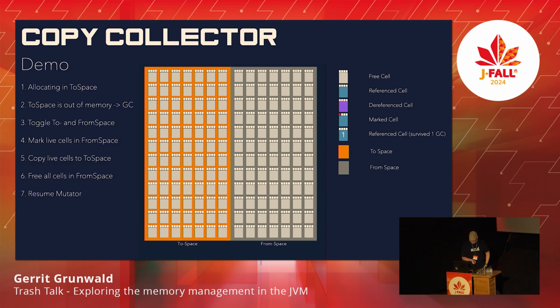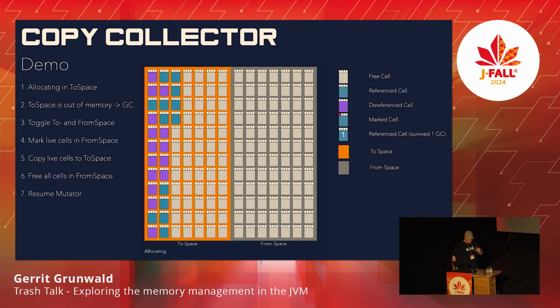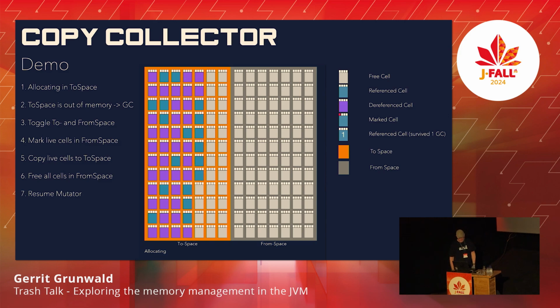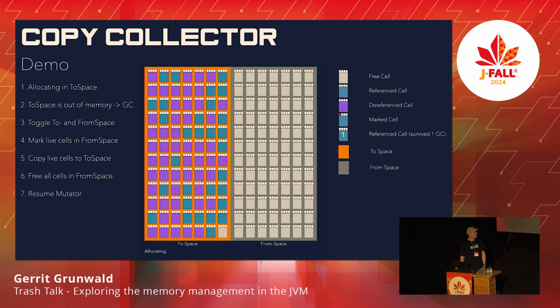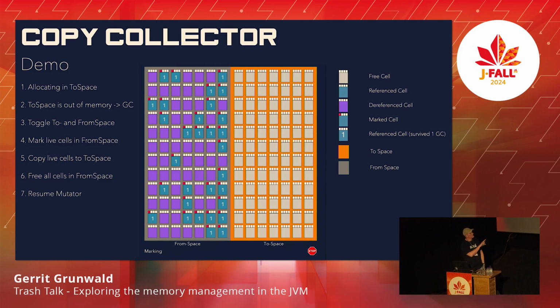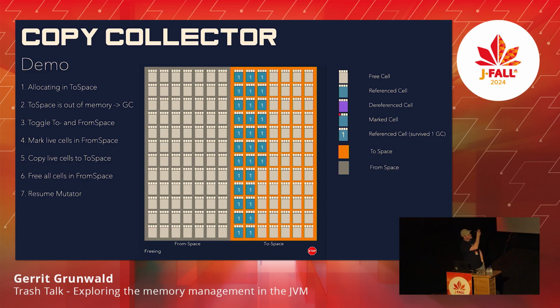So let's take a look at this one. Okay. Allocating. You see objects die. Okay, we fill it up. Now we have to stop the world, mark, copy, remove the stuff, continue.